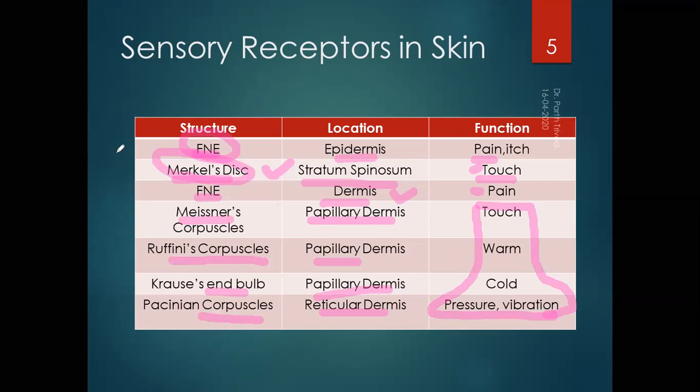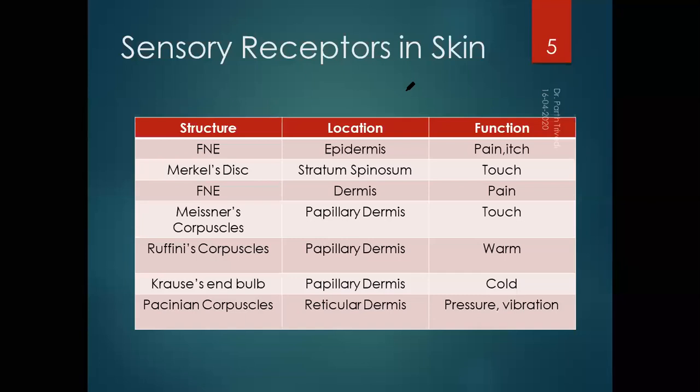Free nerve endings, epidermis, Merkel's disc, again stratum spinosum, free nerve endings. So for example, if any burn is there which is affecting the dermis, this means free nerve endings, Merkel disc, and again free nerve endings are being affected. Clear? So pain, touch sensations are being affected.